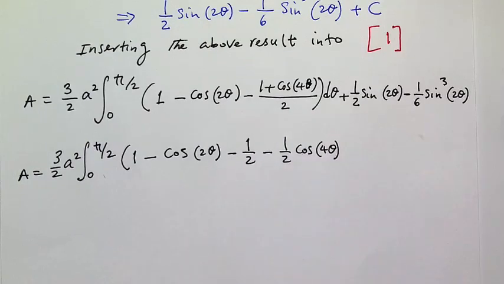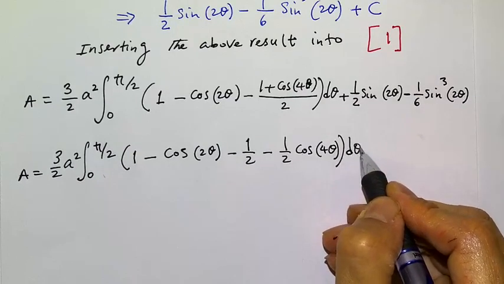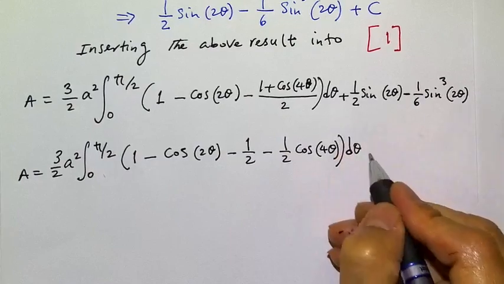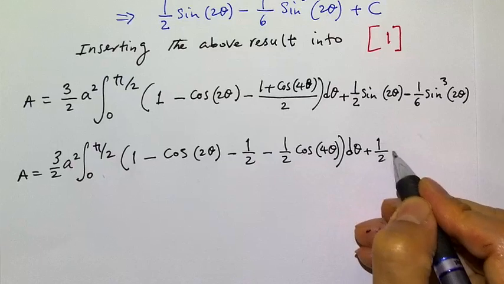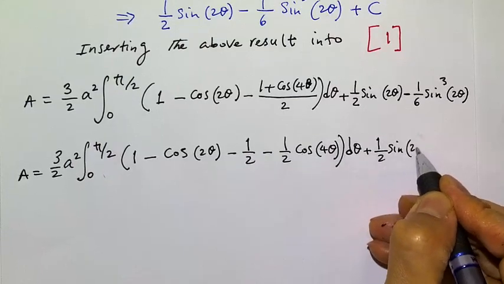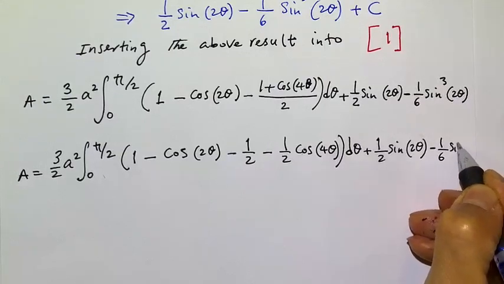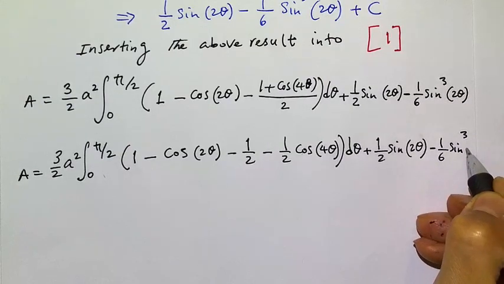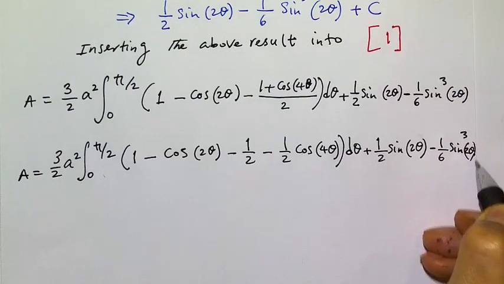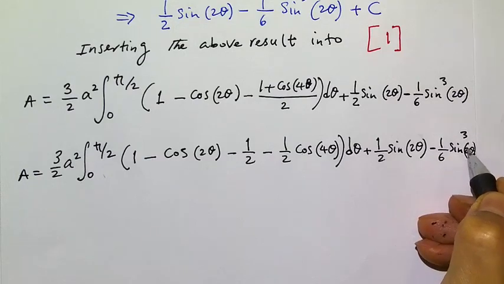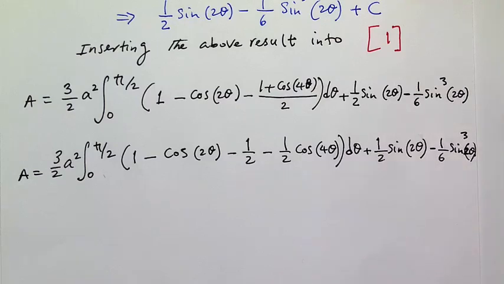Okay. And that's d theta plus the rest of this, which is outside of the integral. We've already done that. 1/2 sine 2 theta minus 1/6 sine cubed 2 theta.